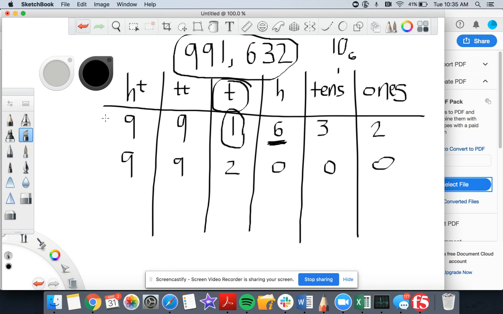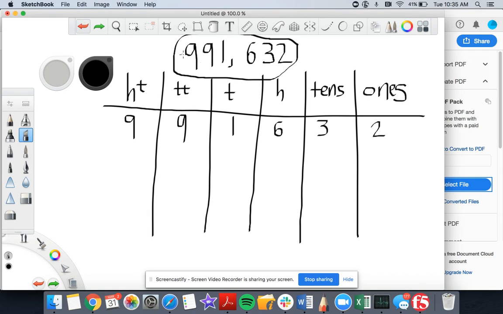Okay, let's do another example. So let's say instead of rounding to the thousands place, let's say I wanted to round to the 10,000s place. So same situation. We would circle our number in the 10,000s place. In this case, it happens to be 9. And we would underline our number in the thousands place.